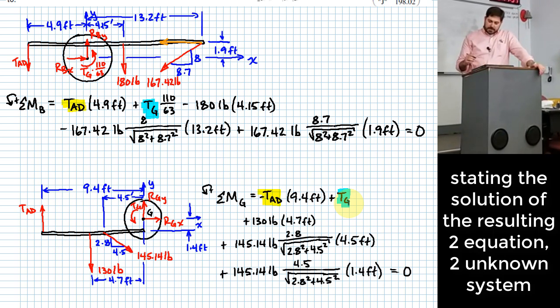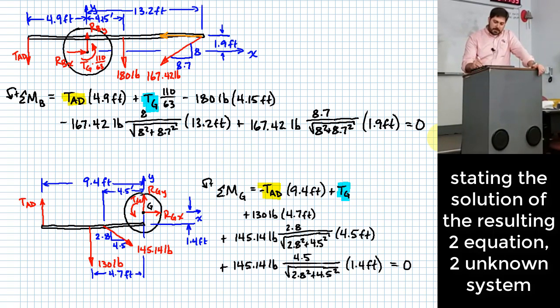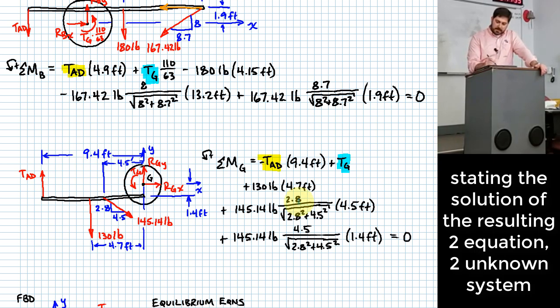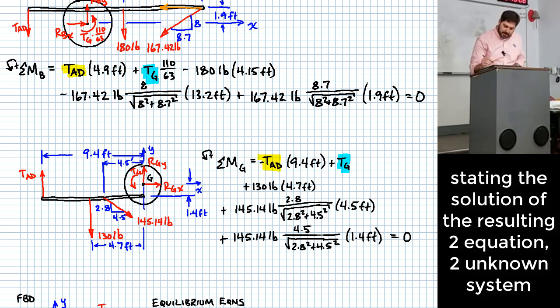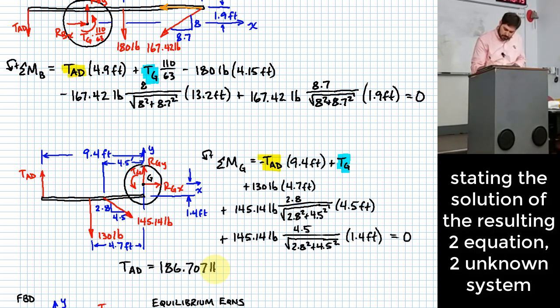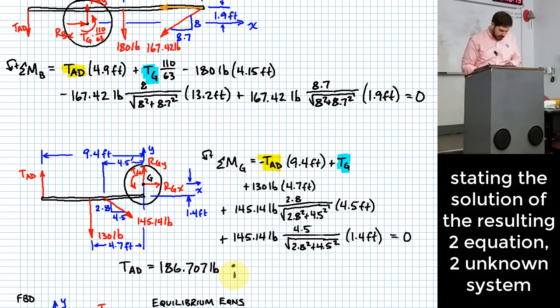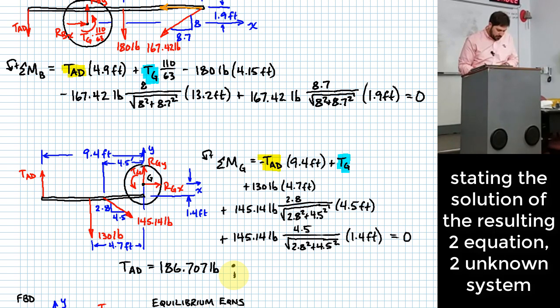And so in the interest of time, what I'm going to do is give you what the solution is to this system of two equations and two unknowns. It winds up giving you 186.707 pounds for TAD. And it gives you 626.457.